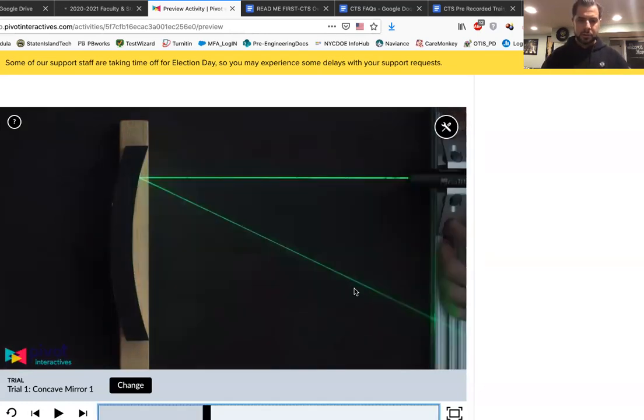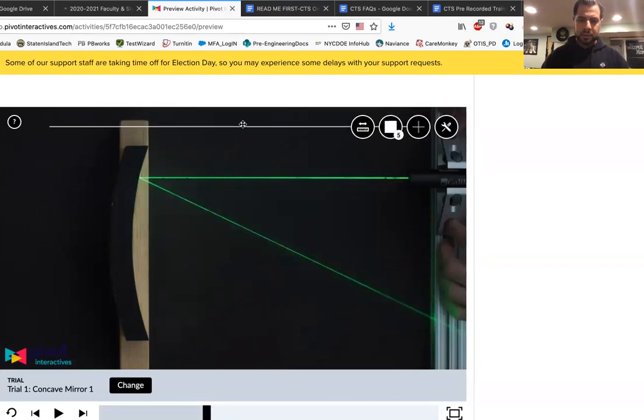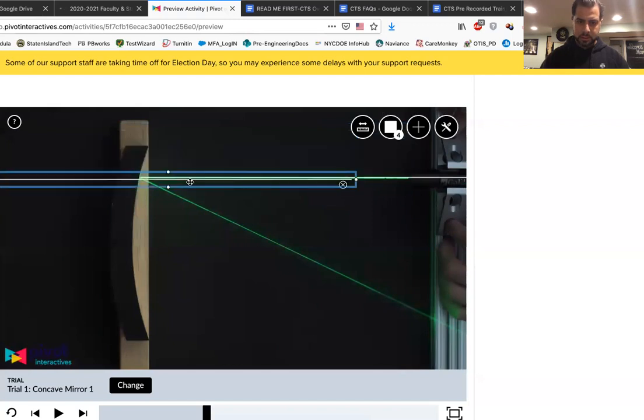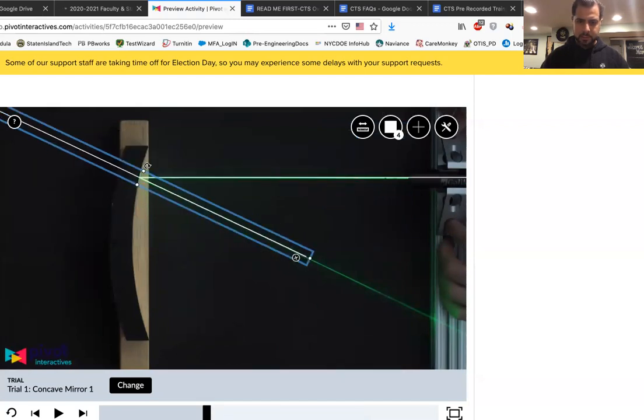Okay, and now what I'll do is I'll pause it at a few locations and show you the ray diagram. So first, when the light is above the center of curvature, we'll have the light ray go into the mirror like this and bounce back like that.